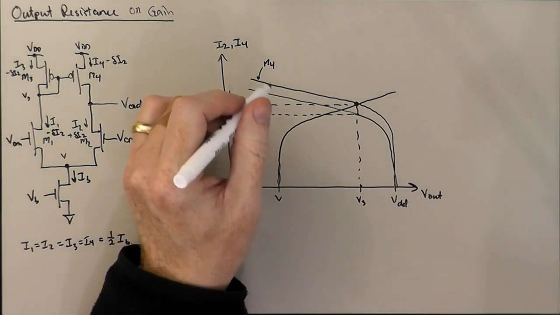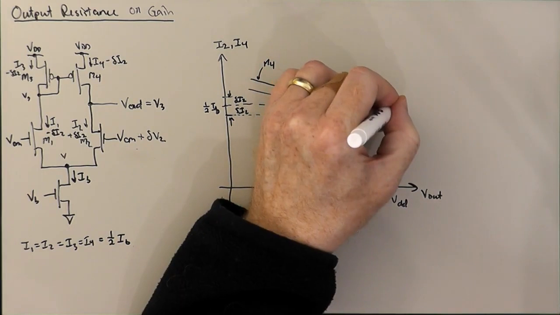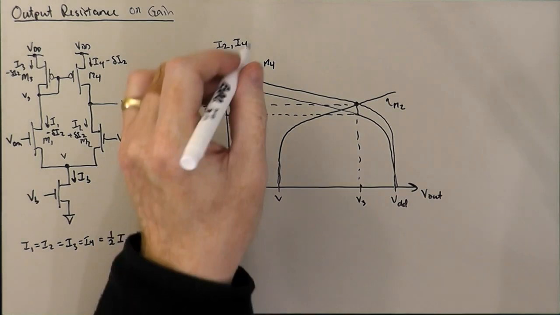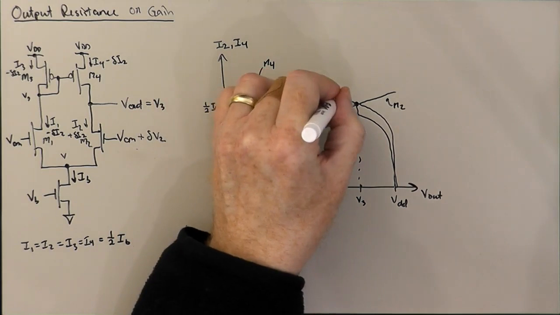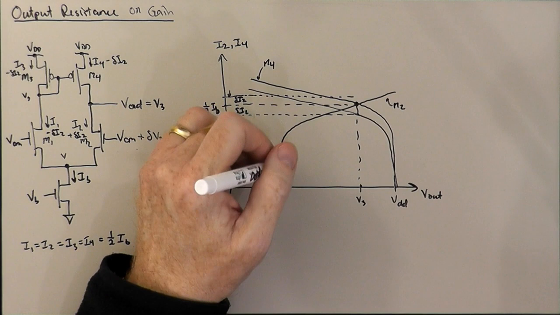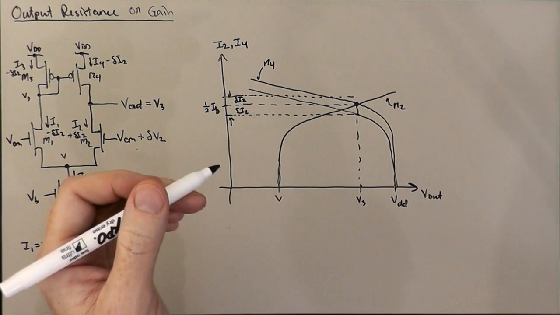And at the same time, M2's curve is going to shift up by that same delta I2. So roughly speaking, V is going to increase a little bit as well.